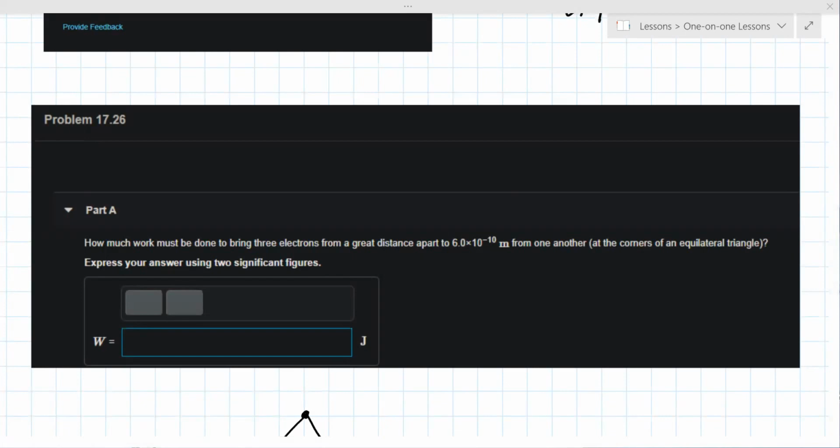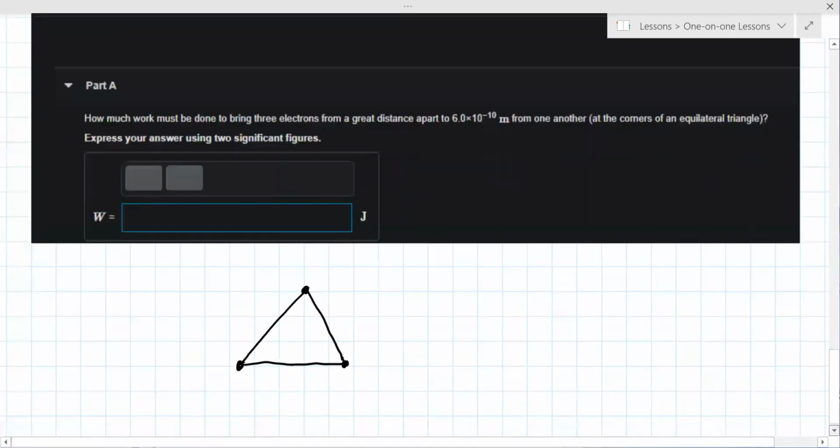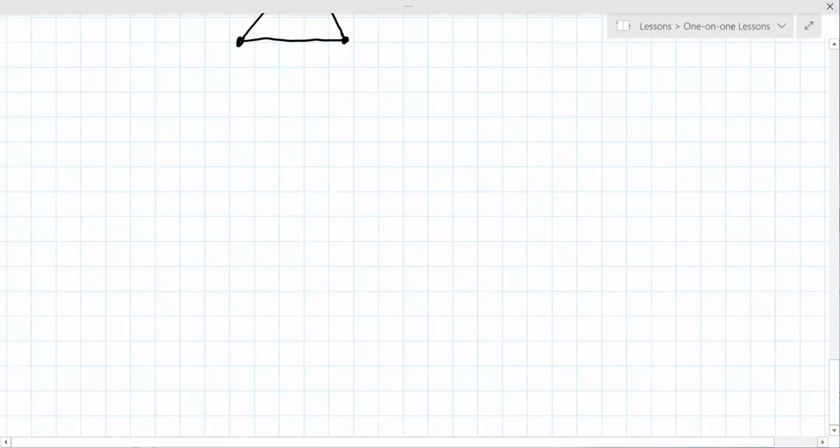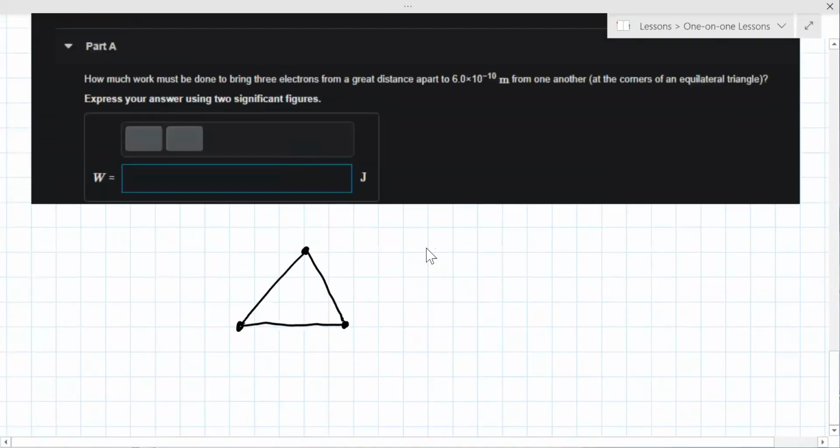Okay, so the work is the change in potential energy.